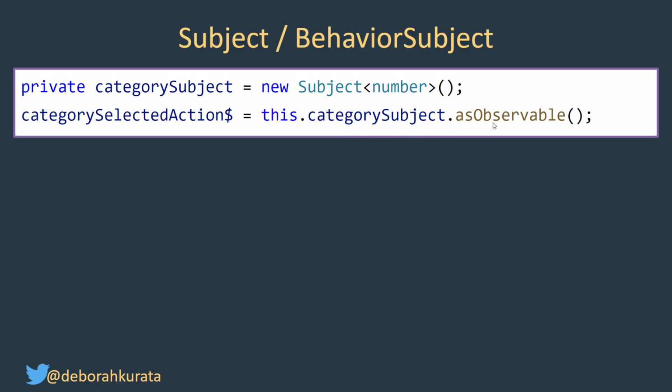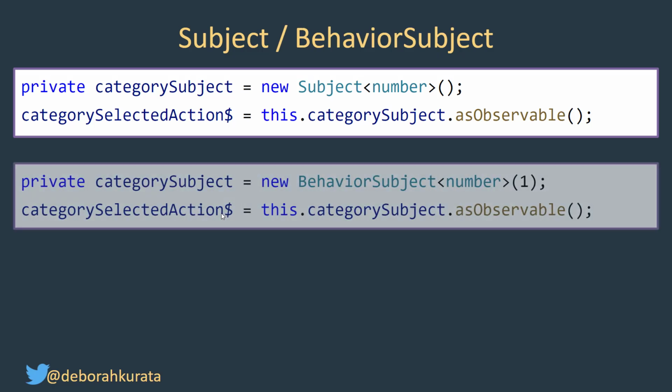Instead, that second line of code is exposing the read-only part, the observable part of that subject, and that we are allowing to be public. And notice it has the $ suffix on it, identifying it as the observable. Okay, so that's a subject, and it's basically an observable that we're creating ourselves, that we're going to emit into ourselves.